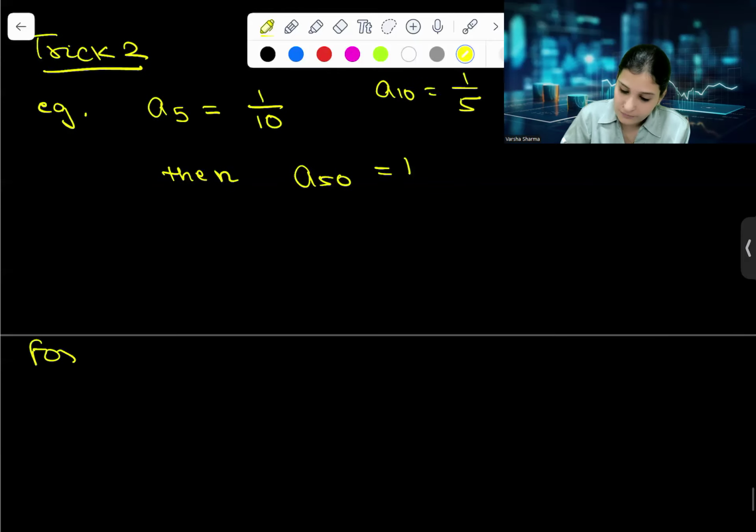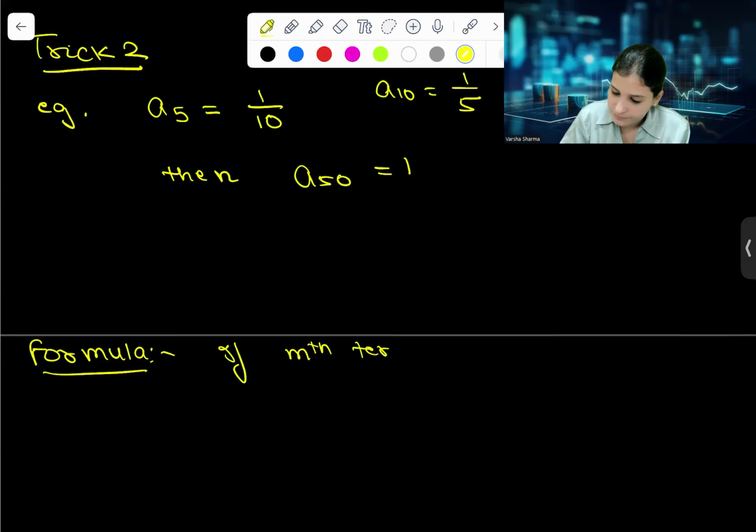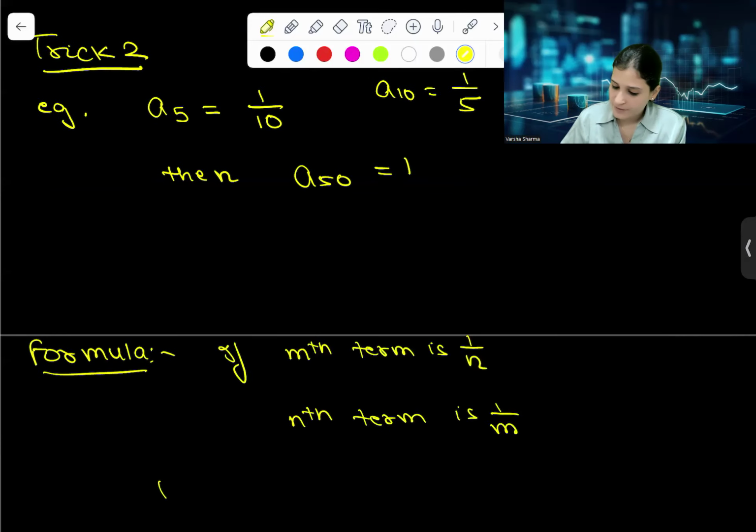Formula: if the mth term is 1/n and the nth term is 1/m, then the mnth term will be 1, the product of them.